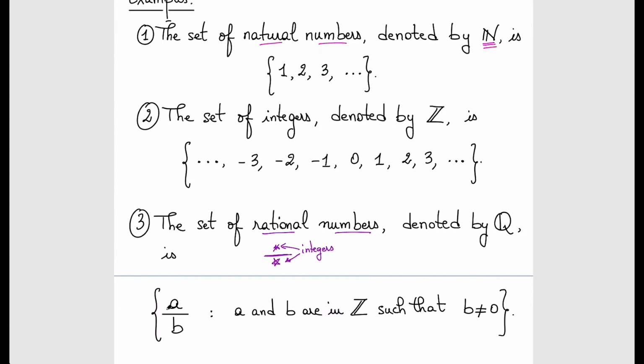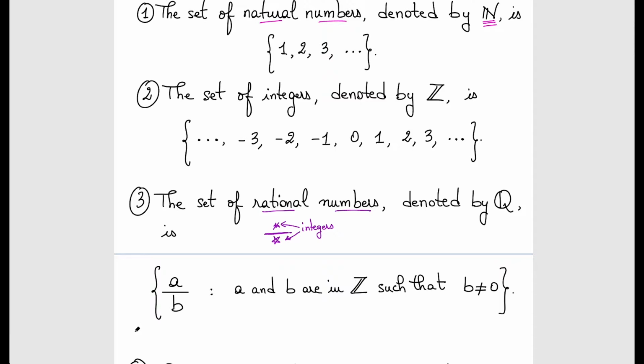Each object should look like a quotient, and the participants in this quotient, namely the guy upstairs and downstairs, should be in Z, so they should be integers, and the guy downstairs, so B, cannot be 0, right? So this is another way to represent a set, and this way is referred to as set builder notation. Okay, so this writing is called set builder notation.